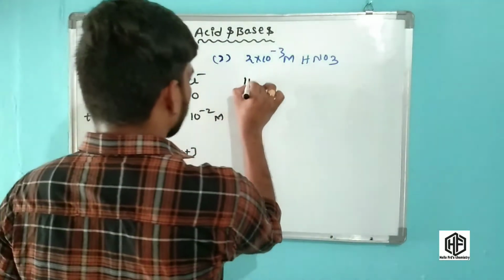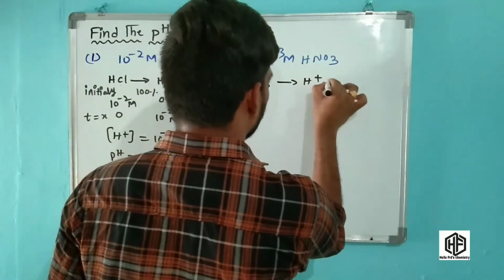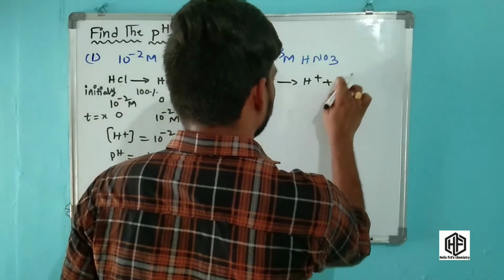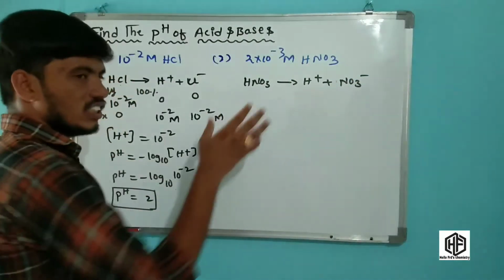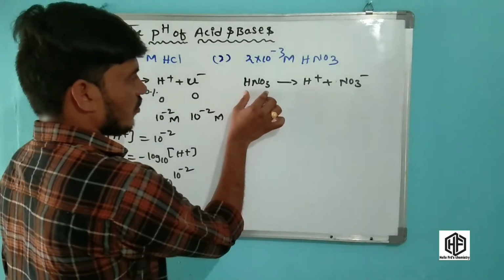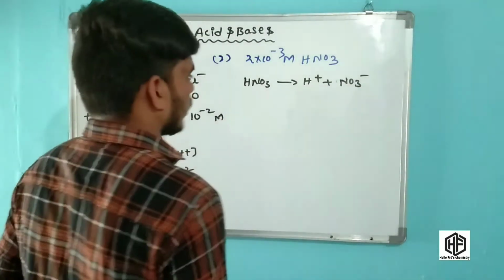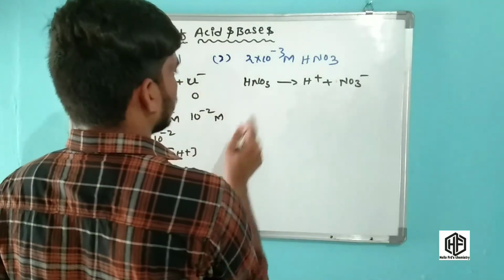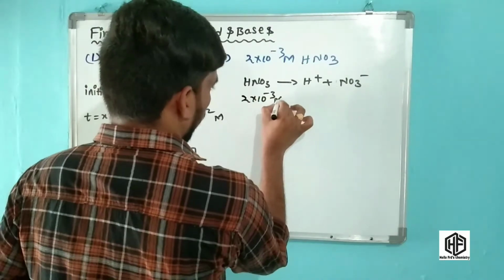HNO3 is a strong acid, and it dissociates into H plus and NO3 minus. The concentration of HNO3 is 2 into 10 to the power of minus 3 molar.